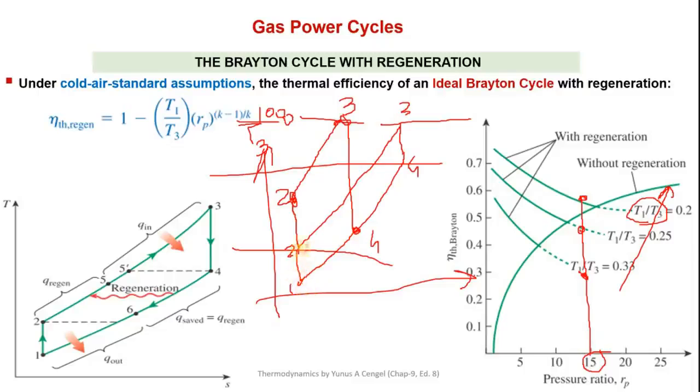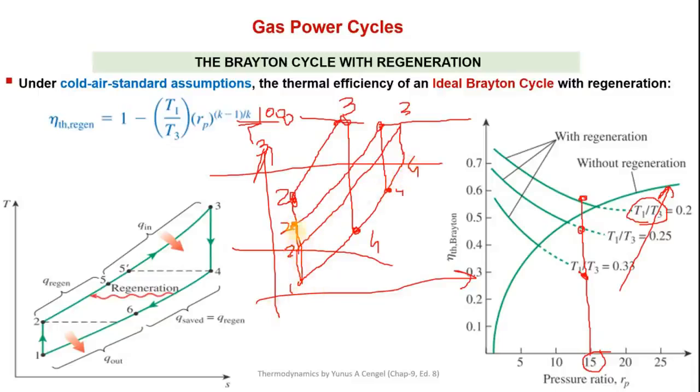So let's see an intermediate point. For example, this point 2 is shifted here. This is the new point 3. This will be the new point 4. Now the difference between this 2 and this 4 is higher, but still smaller than at the earlier point.